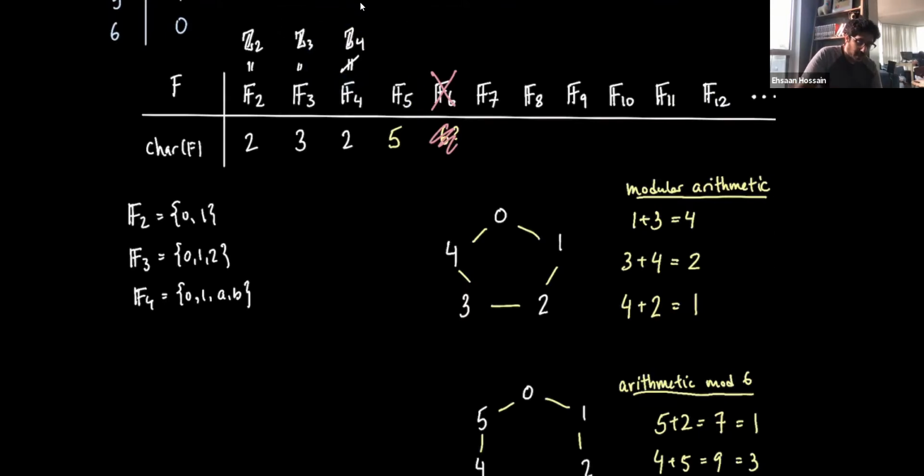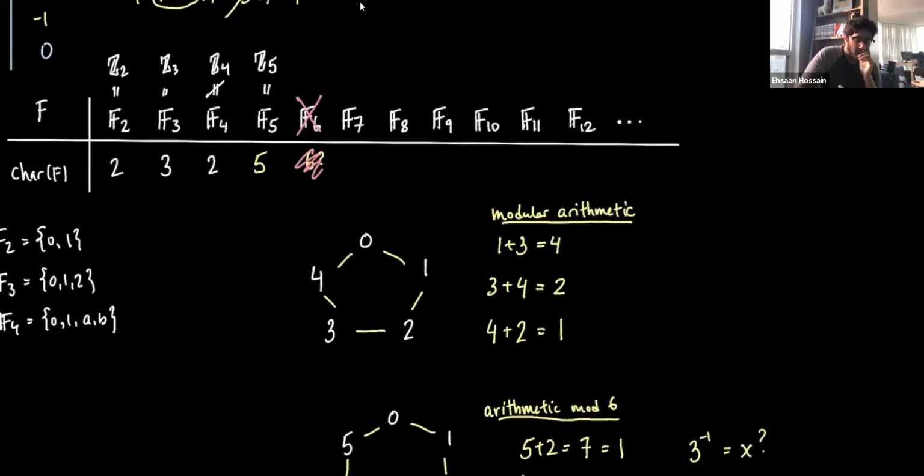F5 is Z5. F7, F6 is not Z6, but also there isn't even any field of 6 elements. Not only is Z6 not a field, also F6 doesn't even exist. There's no field of 6 elements.